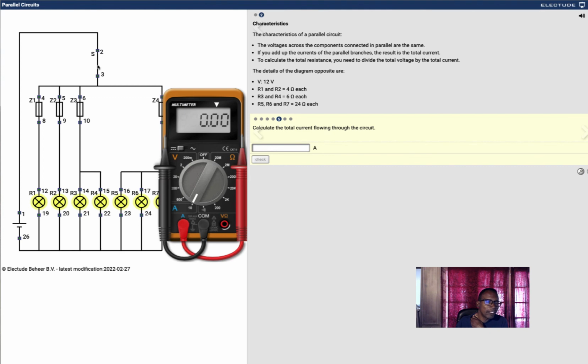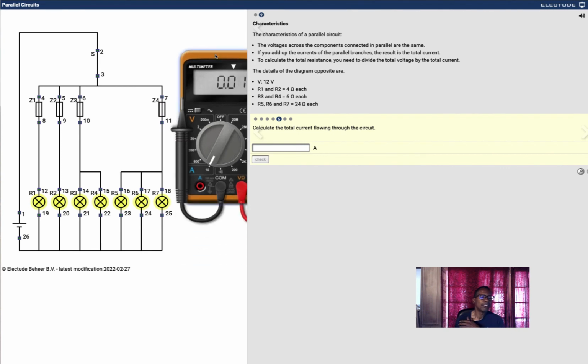We could put an ammeter here to find out, but we don't have one. So we have to figure out the current through the whole circuit. How we're going to do this is add up each individual one. So I have to write this down.